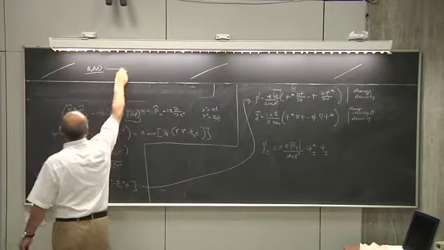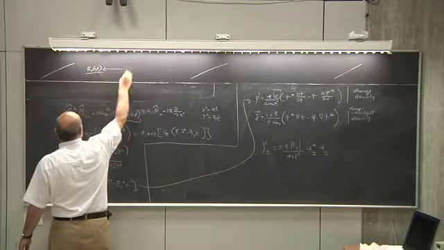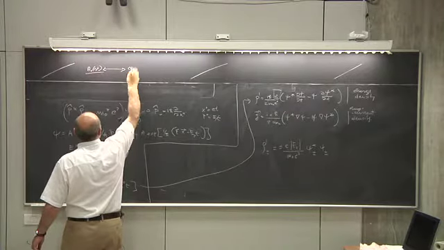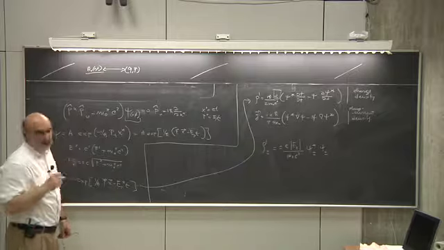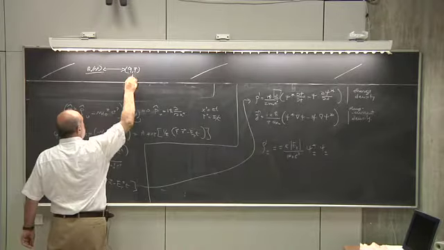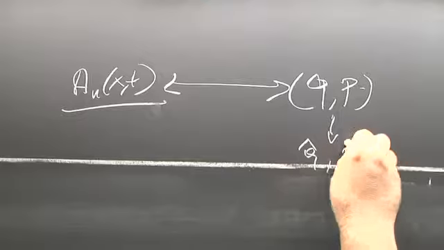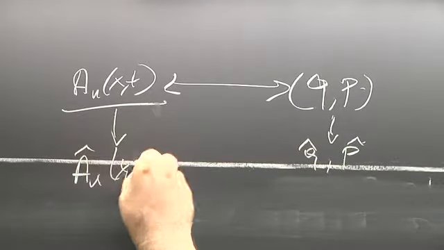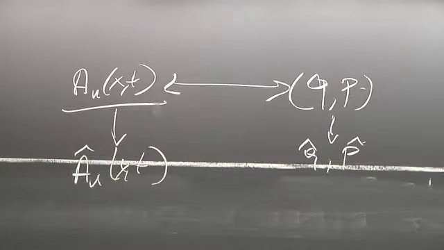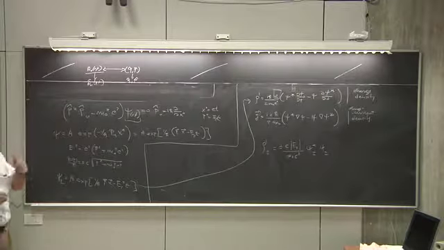When you do the point particle, the analog of this is Q and P. Q and P are the analog of the field. As we quantize these, turning them into operators, we can quantize the field, turning it into an operator. You will see when you do second quantization, you turn the wave function into an operator.